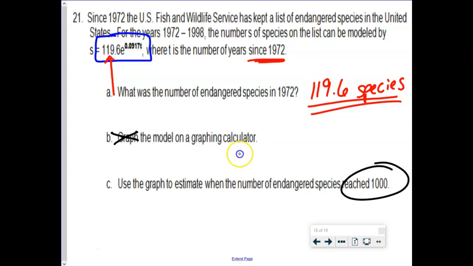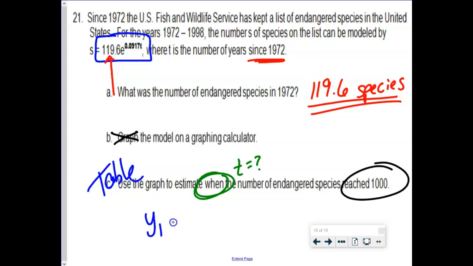So the question here is when, which means I don't know time, which means I'm going to be on my table. All right, so go to Y1. Please type in 119.6 times e to the 0.0917, and then you're going to use X instead of T because of your calculator.